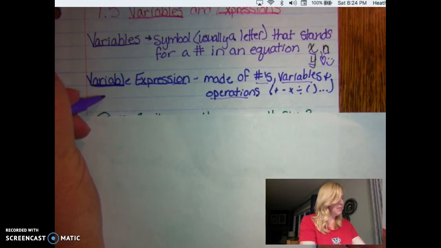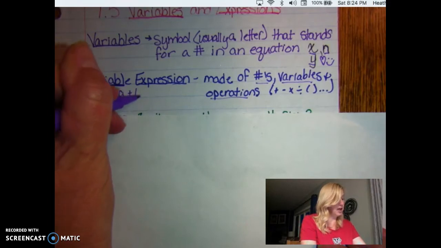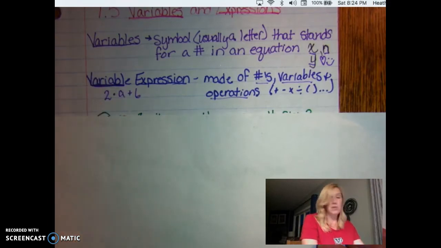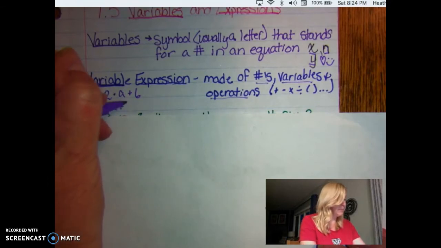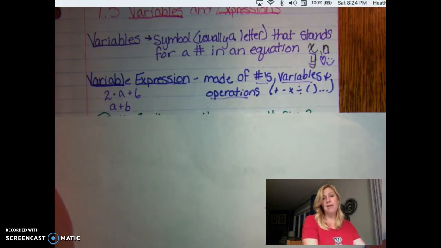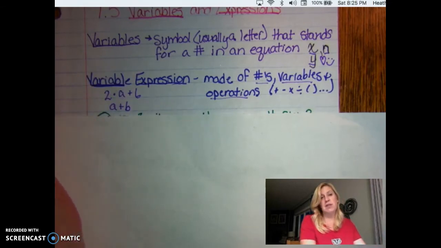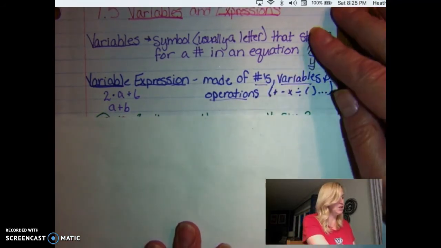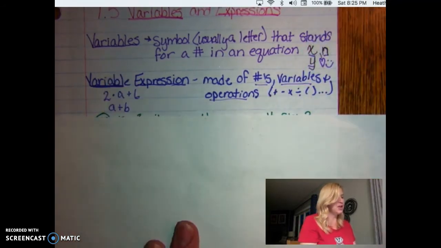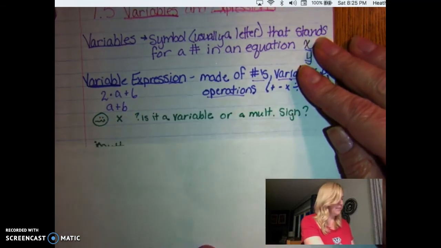So it could simply be 2 times A plus 6. You could have something like that. You could have A plus B. Anything, it's just trying to express some sort of an amount to you using some of these things you see up here. But a variable expression, it has to have a variable in it, obviously.